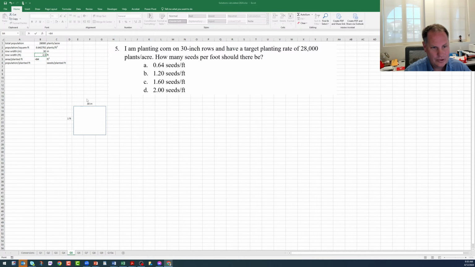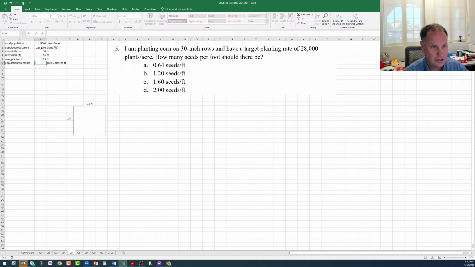So 2.5 one direction. Actually, before I do that, let me go ahead and change this to 2.5 feet. Now, 2.5 feet times 1 foot equals 2.5 feet squared. So I need to figure out my seeds per 2.5 square feet rather than my seeds per square foot.